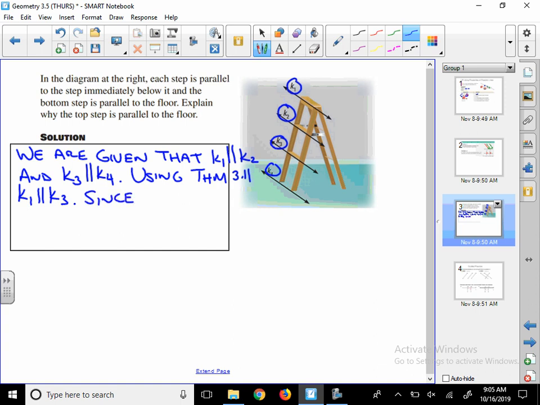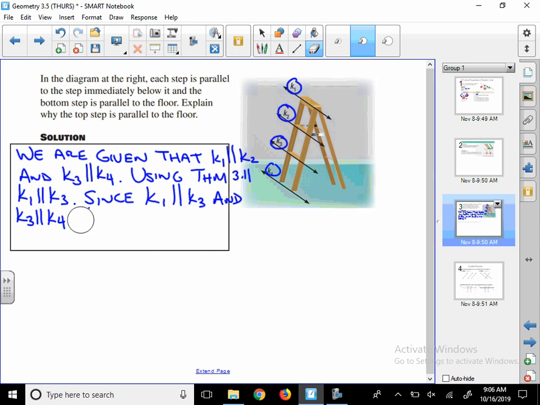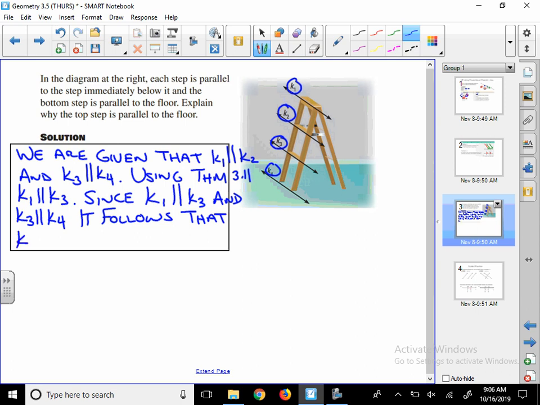Since K sub 1 is parallel to K sub 3, and as we've already stated, K sub 3 is parallel to K sub 4, then it follows, or basically just a nice fancy way to say, then we know that it follows that K sub 1 is parallel to K sub 4.